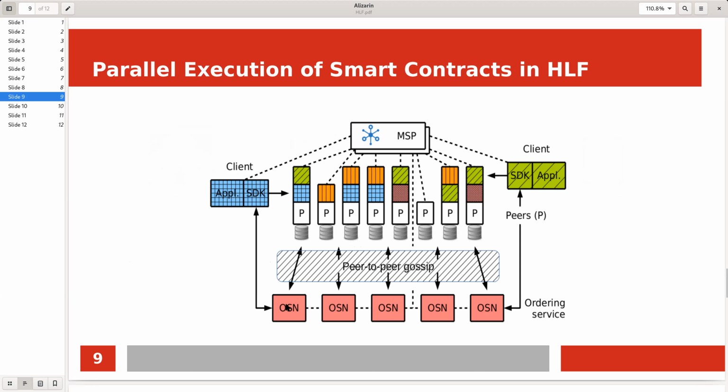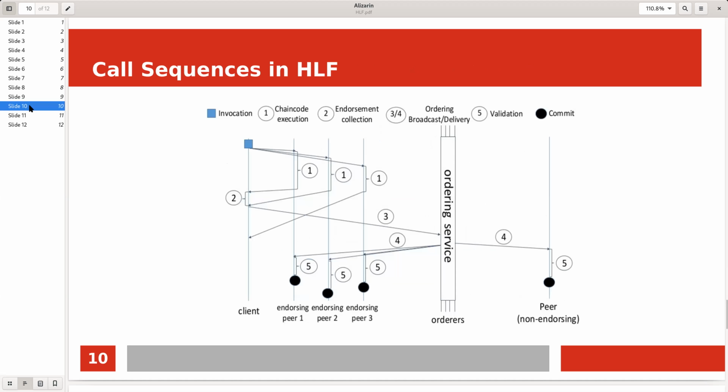So here, for example, the nodes are functionally, I would say, classified into ordering service. OSN is ordering service node. The nodes which execute smart contracts, and there are actually other nodes which you can see in this sequence diagram.